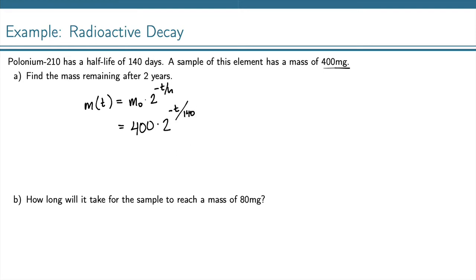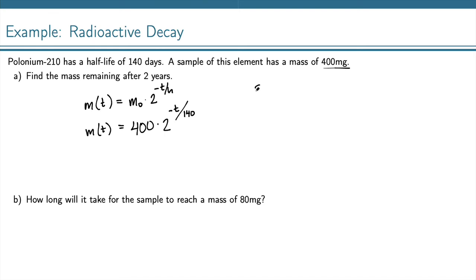Now, it's important to remember what units you're working with. The masses we're talking about are in milligrams, and the time is in days. So this is our model, and now we'd like to know the mass remaining after 2 years. You need to be careful here because this is 2 years, and our time is being measured in days. So we need to know how many days 2 years is.